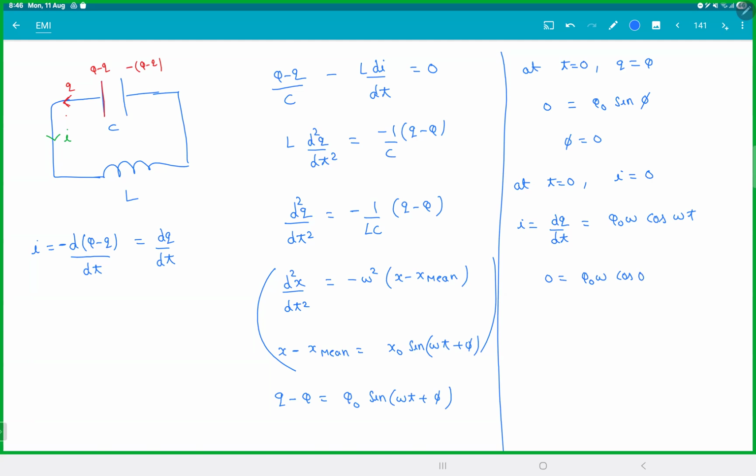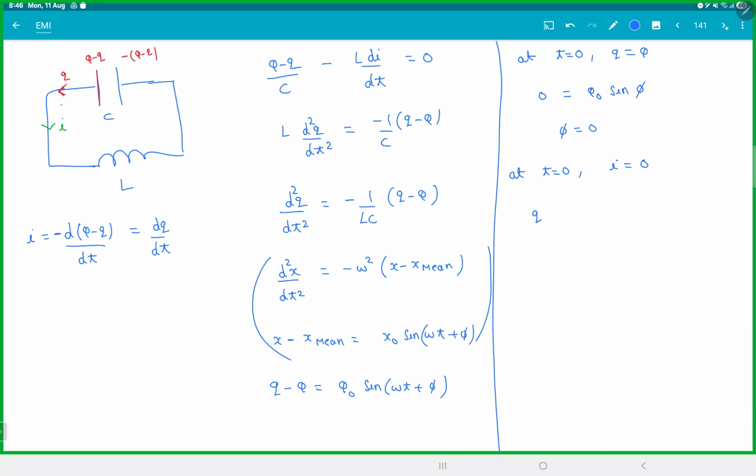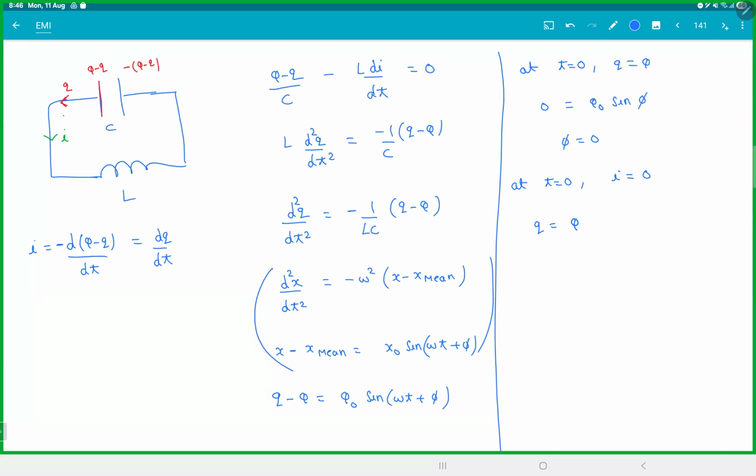I got q naught 0. I messed up something. What did I mess up? q is equal to q naught cos omega t. Hmm. It will be Q plus q naught sine omega t.